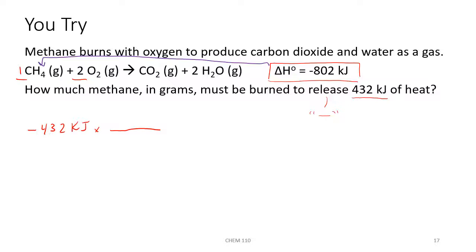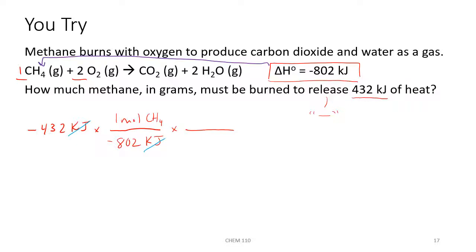We know that when 1 mole of methane is combusted, we release 802 kilojoules of energy from every 1 mole of CH4. Now we can see that our kilojoules have canceled and we're in moles of methane.